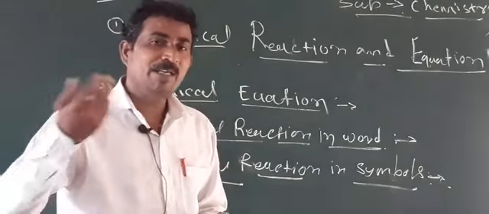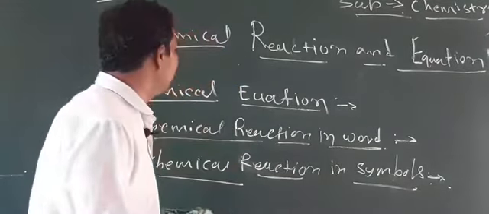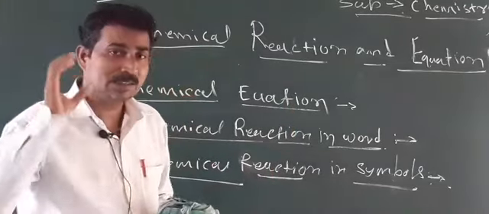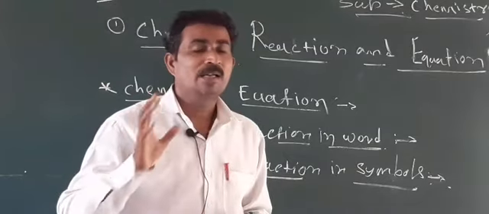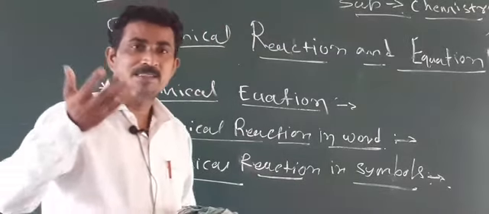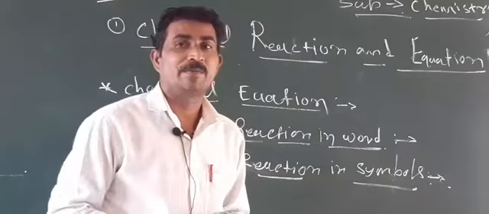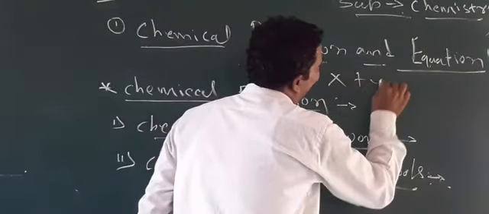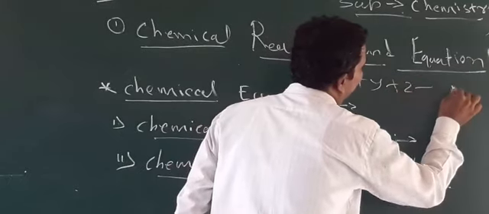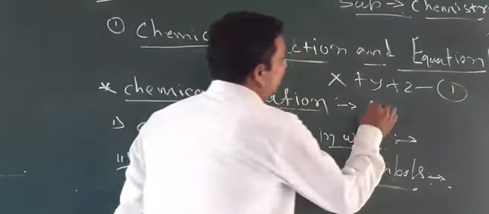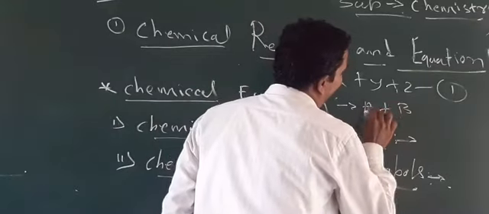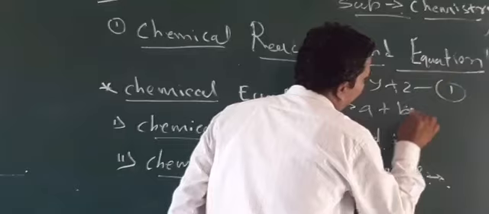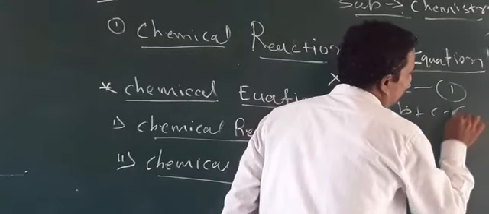Again, we go to the next topic you want to know today, which is the chemical equation. Whenever we hear the word equation, it is mostly in mathematics, where you learn x plus y plus z, and we say equation number 1, or a plus b plus c, equation number 1.